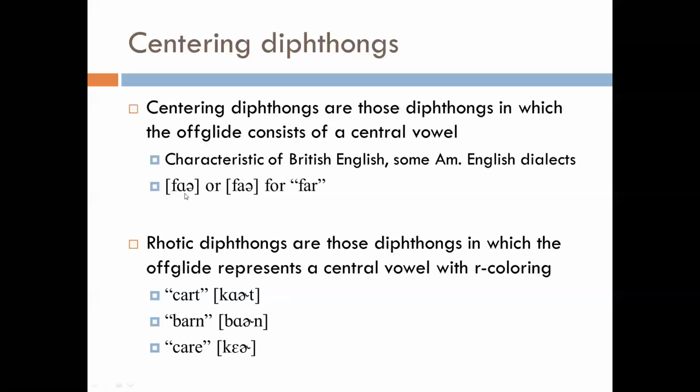Those would all be British English versions of far, where there's no R at the end. Far. So we end with more of a schwa sound at the end of that diphthong.